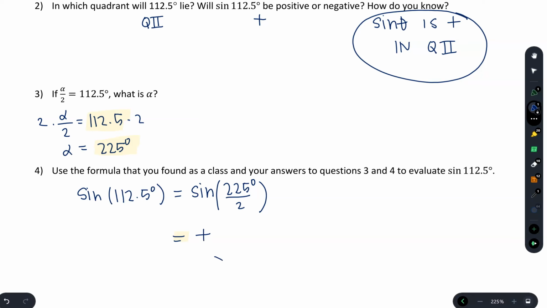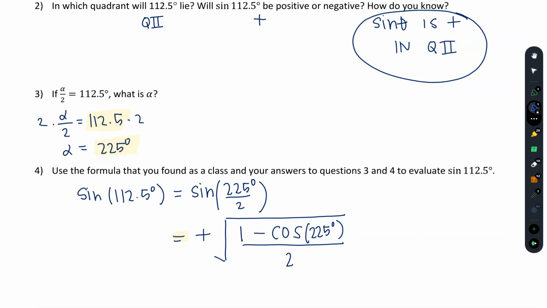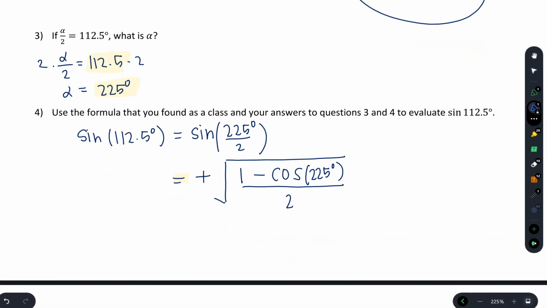So I'll say plus the square root of 1 minus cosine of that angle, 225, and I know what that is because it's on my unit circle, divided by 2. The reason that you're doing all these is because you're not always going to have your calculator. I can't find this value without a calculator, so I need to know something that's on my unit circle to help me out.